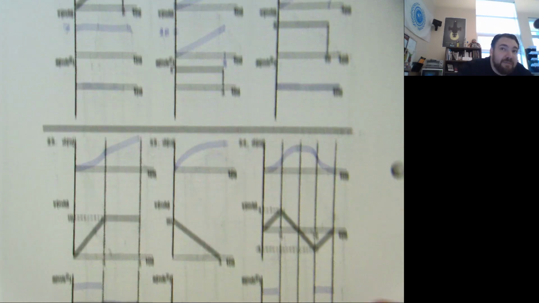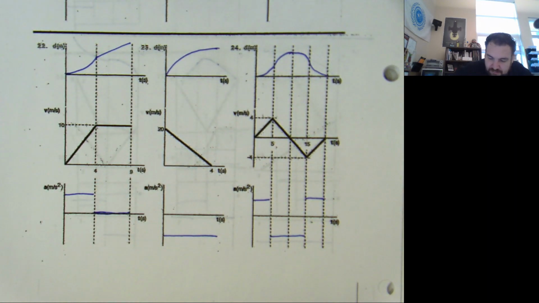And then these bottom three are going to look something like that. Comments, questions, concerns on any of those? Yes, I can do 24.